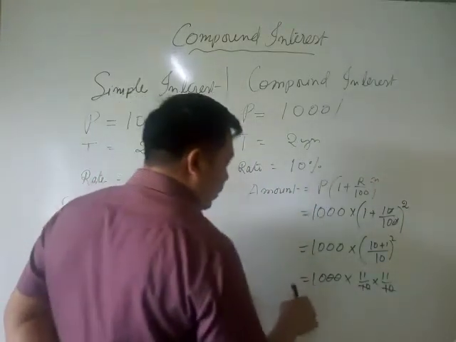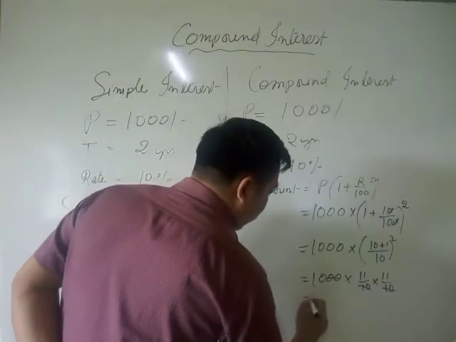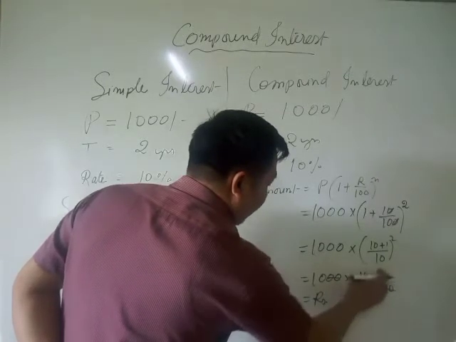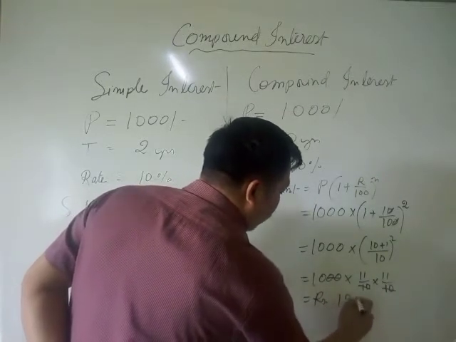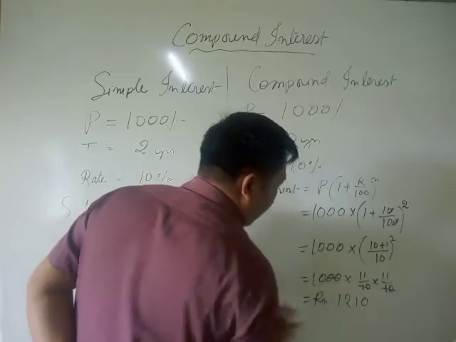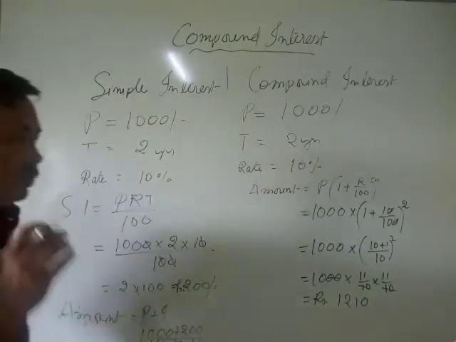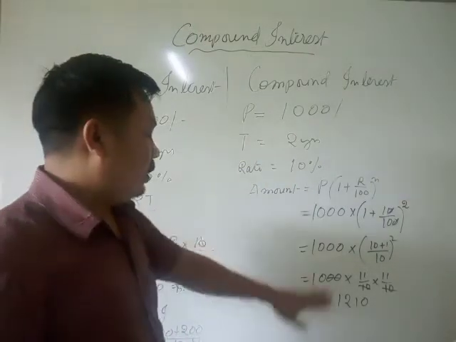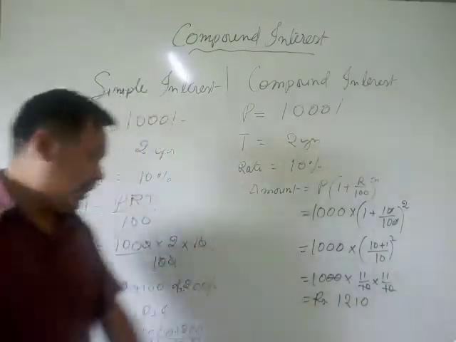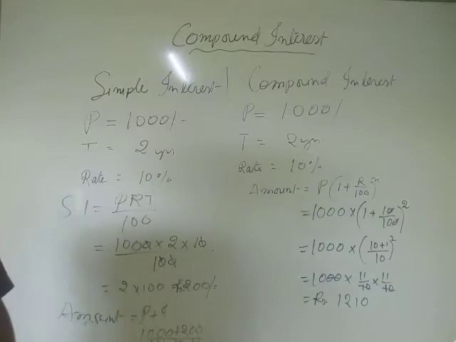Then the amount will be rupees: 11 times 11 is 121, multiplied by this 10. So the amount to be paid after 2 years by your friend is 1210, where you get only 1200.